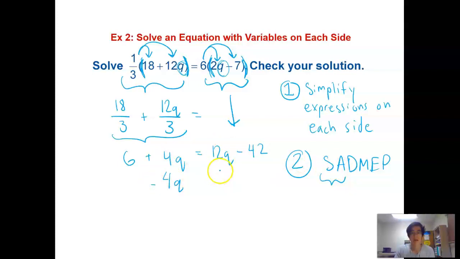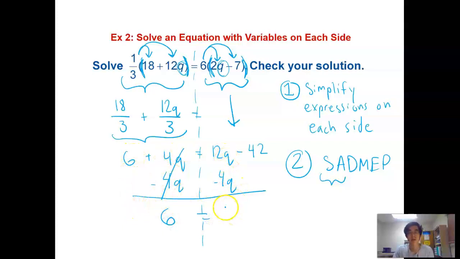Subtract 4q on this side. We do to one side, do to the other side. And I'm going to draw that little line down the middle to make my work organized. This is going to cancel out. This 6 is going to go down here to 6. And then 12q minus 4q is going to be 8q minus 42.